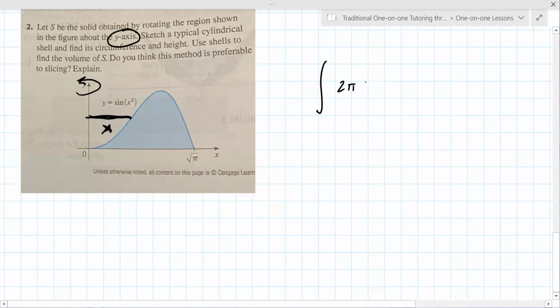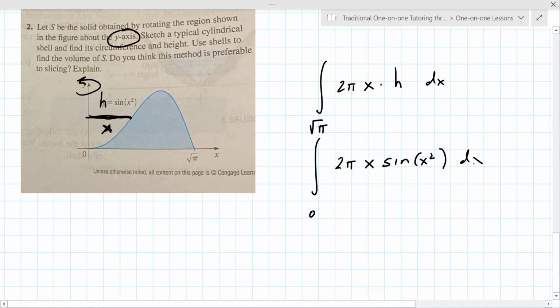So this one's the integral from, it's 2 pi X times H, and your H is the Y value. Is H always the Y value? Yes, when you're doing the vertical axis. When it's the other way, which we'll get to, we'll do that. So this is the integral from 0 to square root of pi, 2 pi X times sine X squared dx.